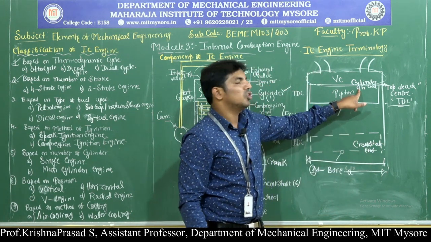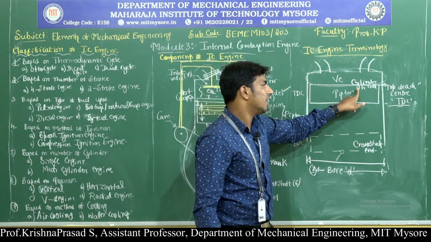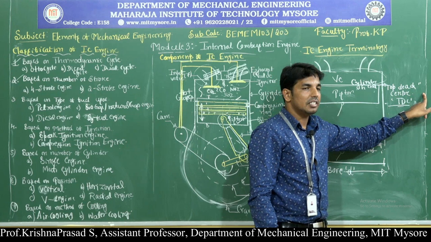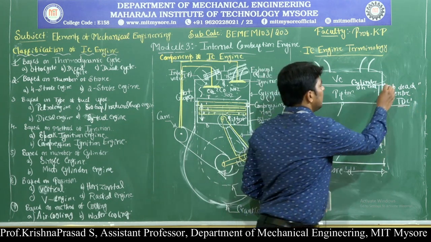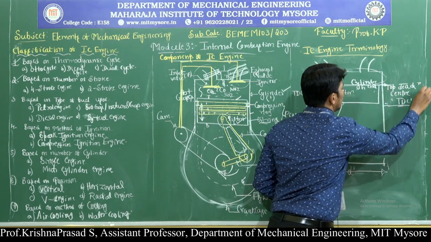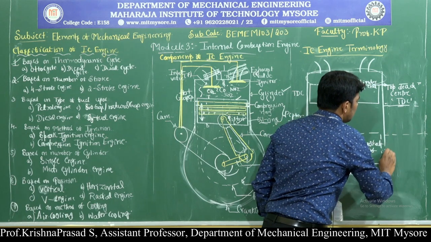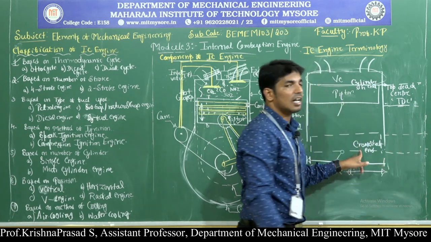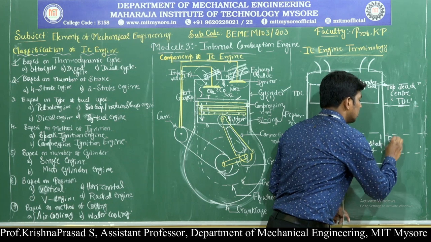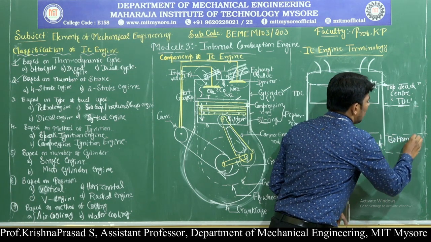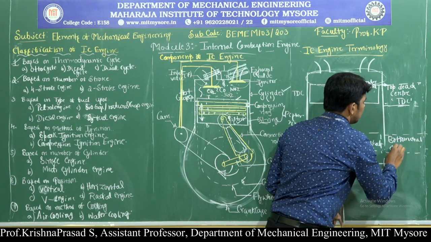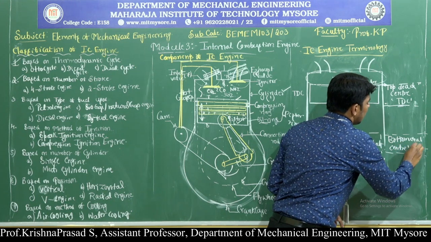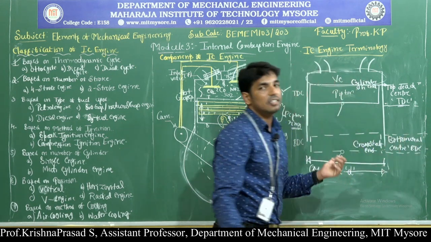If the extreme position of the piston is near the cylinder end, then it is called the top dead center. Similarly, if the extreme position of the piston is near the crankshaft end, then this is called the bottom dead center, and it is abbreviated as BDC.